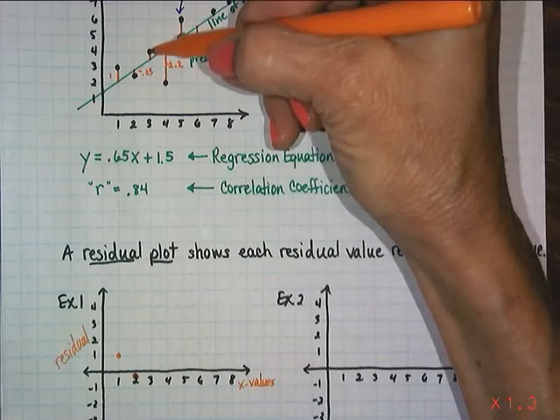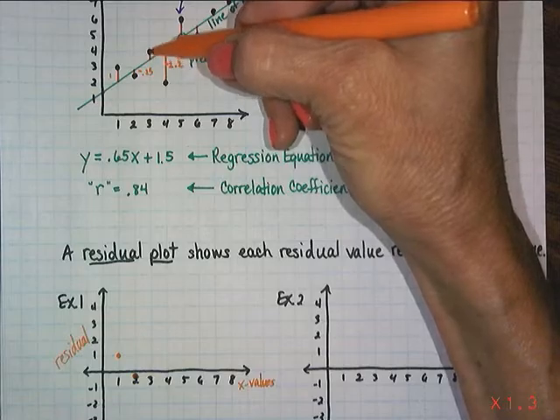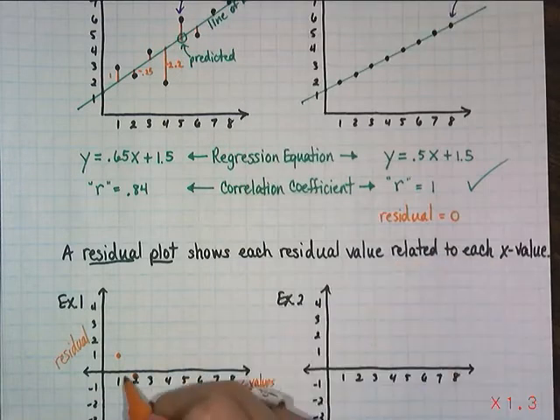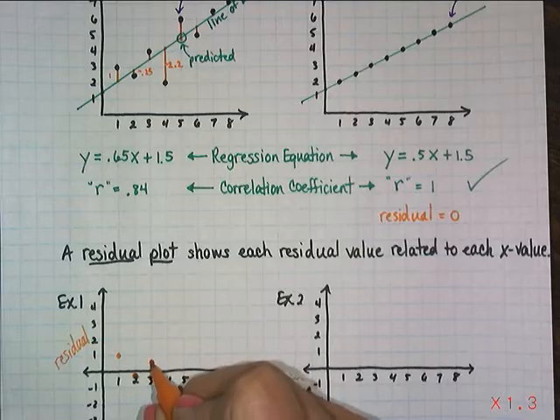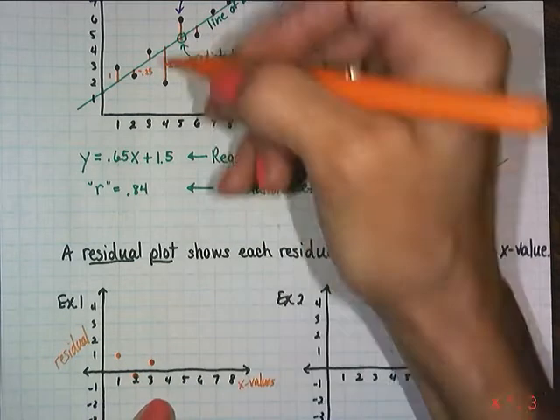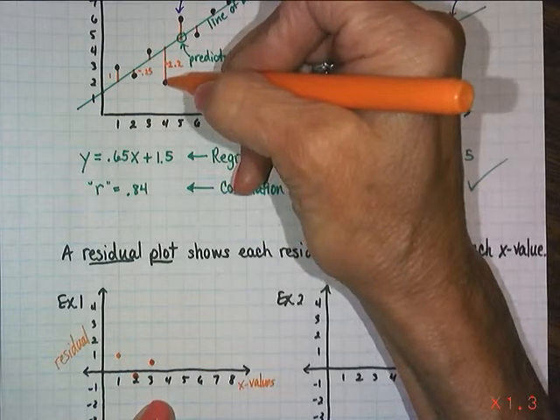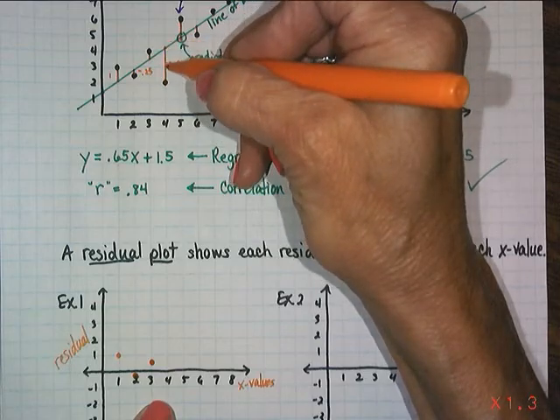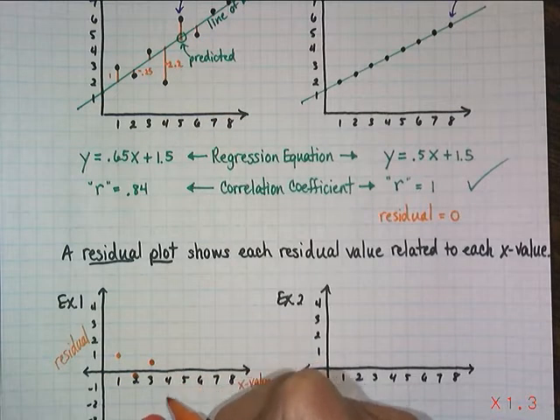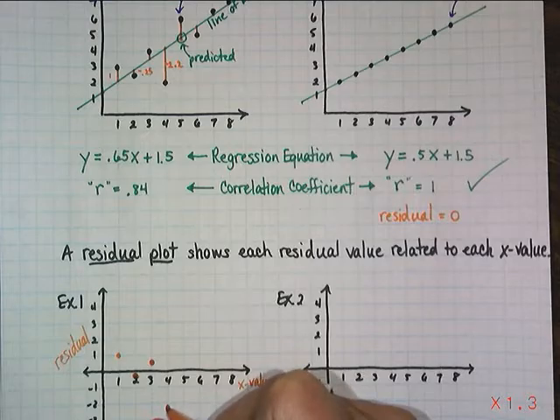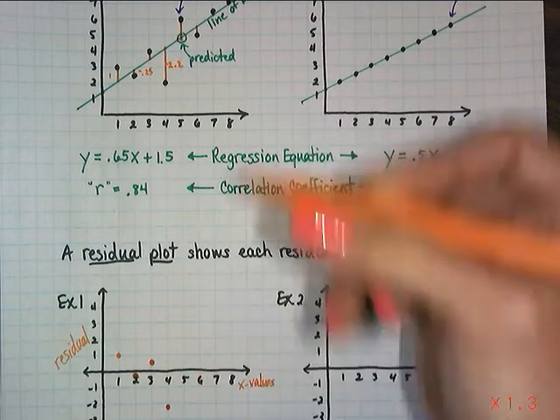When x is 3, we've got a point that looks to be about 1/2 of a unit off the line. So when x is 3, that residual is 1/2 a unit away from my trend line. When x is 4, remember I did this one earlier, it's negative 2.2. So when x is 4, we are a little more than 2 units away from my trend line.